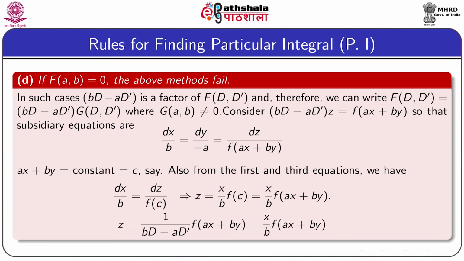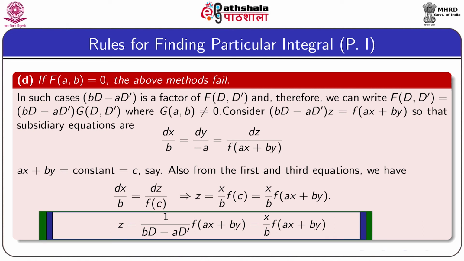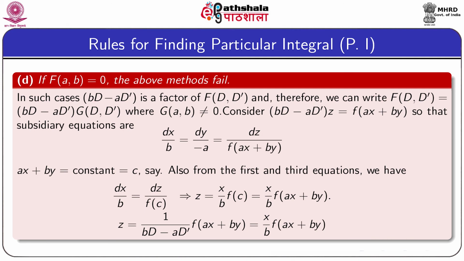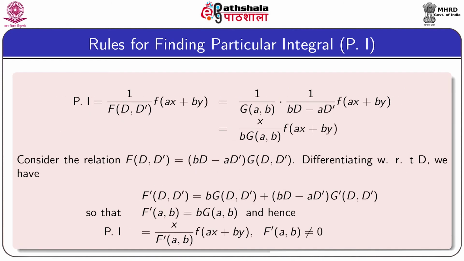So, the particular integral for this equation can be written as z equals 1 by (bD minus aD dash) operating on F, which is equal to x by b F(ax plus by). Now, we shall use this concept to solve the equation where F(a, b) equals 0. For that case, the particular integral is 1 by F operating on small f. Capital F can be written as (bD minus aD dash) into G(D, D dash).